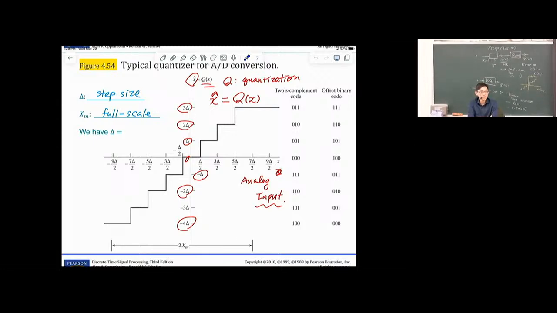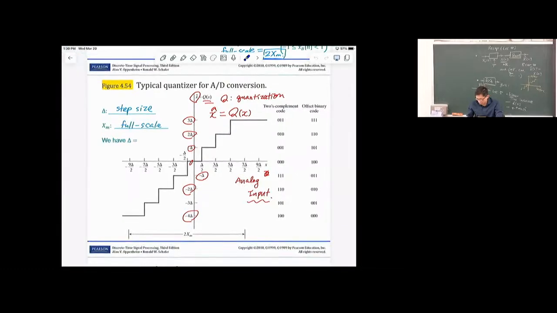Is it clear? We have 8 possible values, right? So if we multiply the step size by 8, that gives us the full scale, okay?